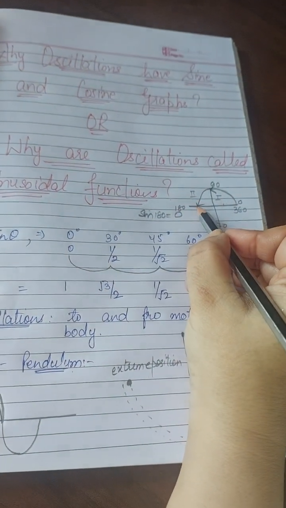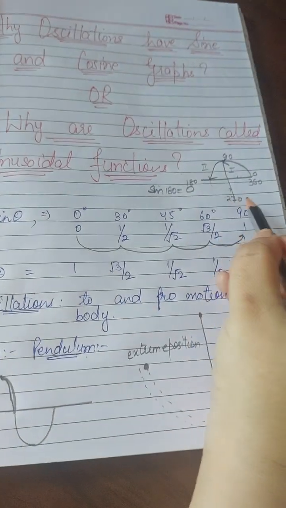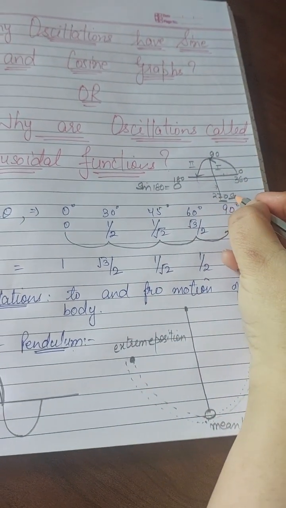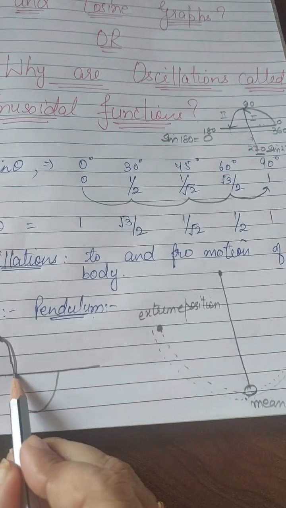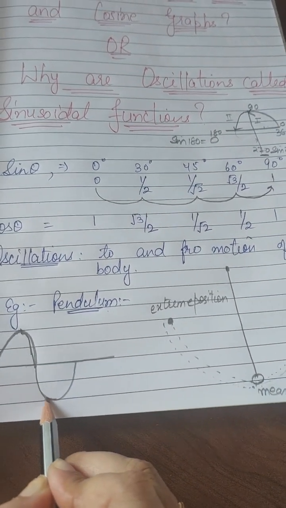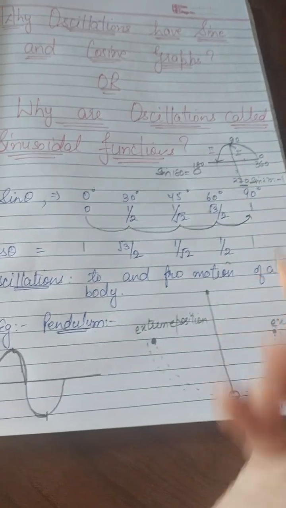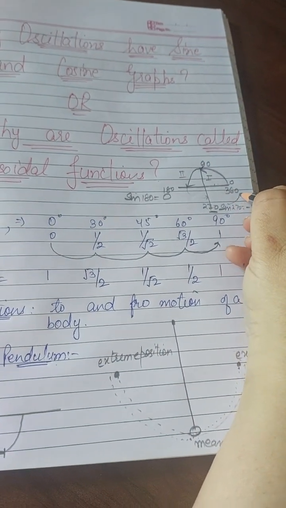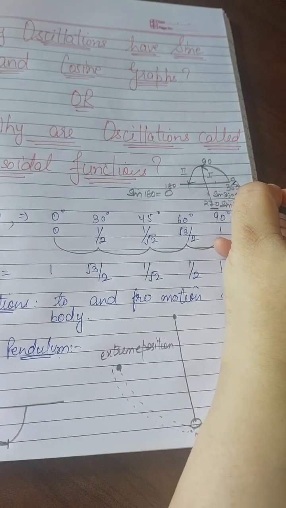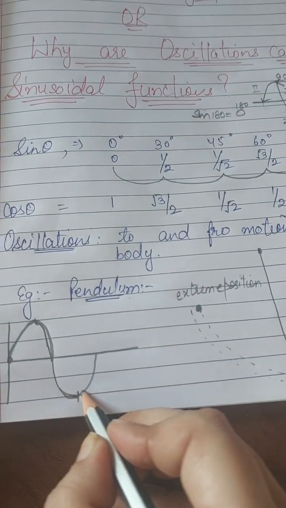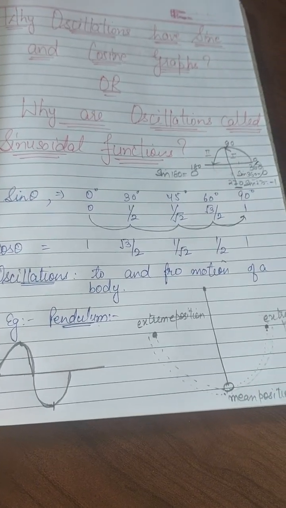Now when it moves from 180 to 270, at 270 sine 270 is minus 1. So it will attain its maximum value in the opposite direction. Then 270 to 360, sine 360 is 0. So it is 0. Clear?